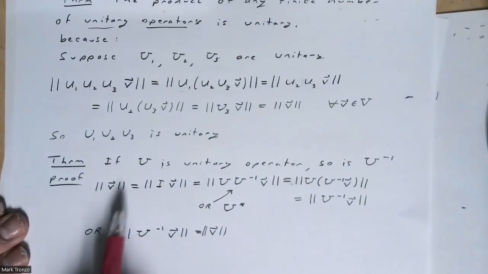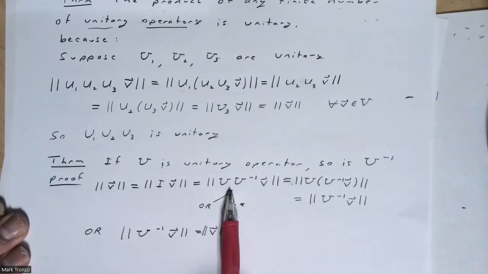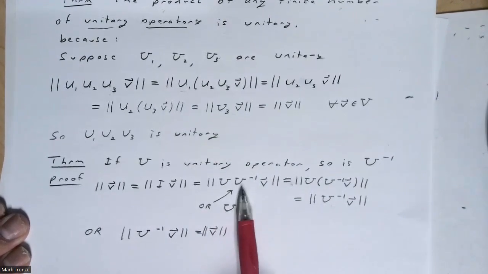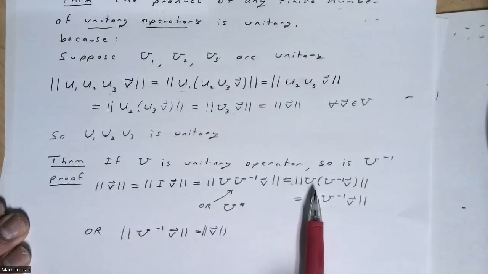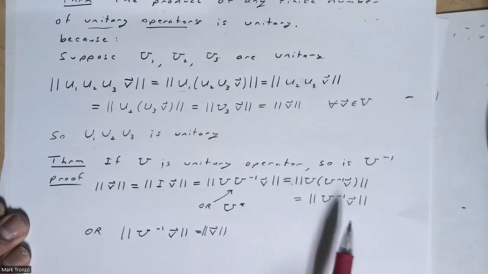So we started with V, put the identity, replace that with U inverse. Then we're applying U to this vector here. And since U preserves norm, we get this.